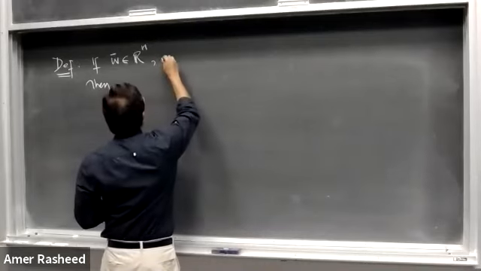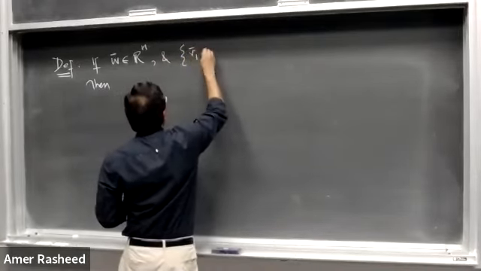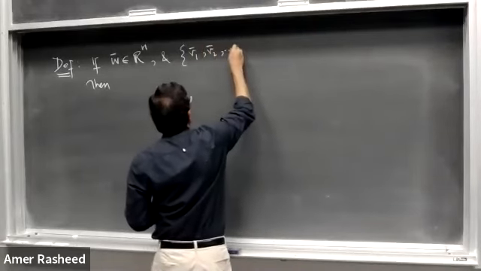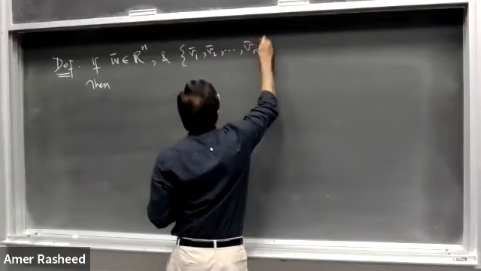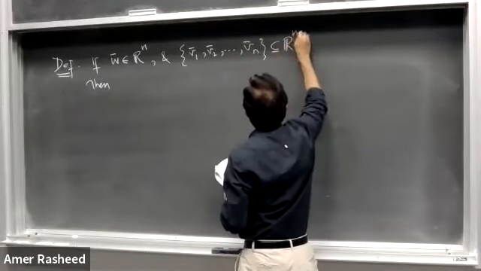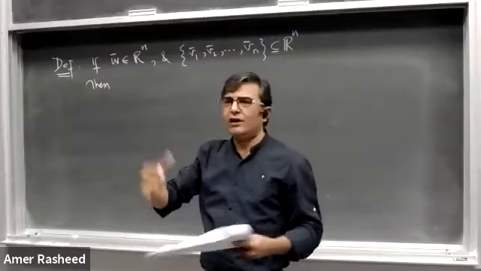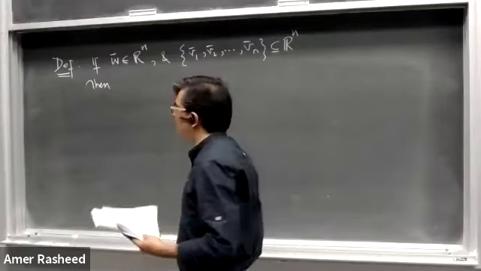And we have a set of vectors v1, v2, so on, vn. This set is basically a subset of Rn. Means these are n vectors in Rn. We have chosen some other vectors from Rn.